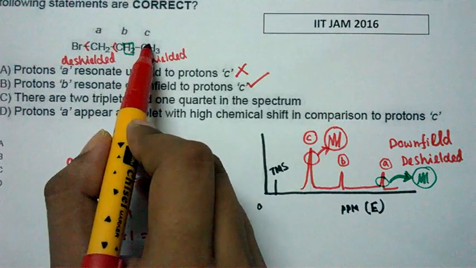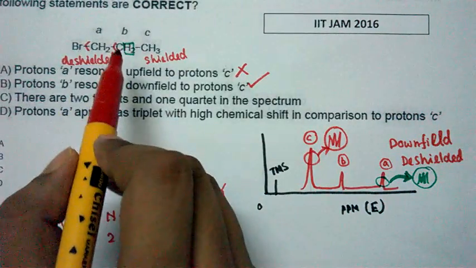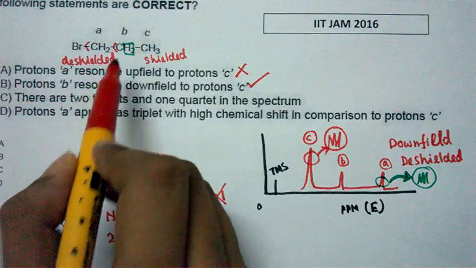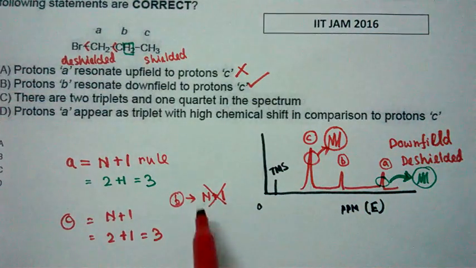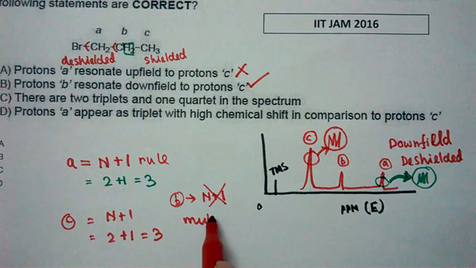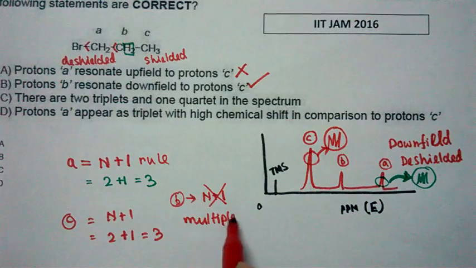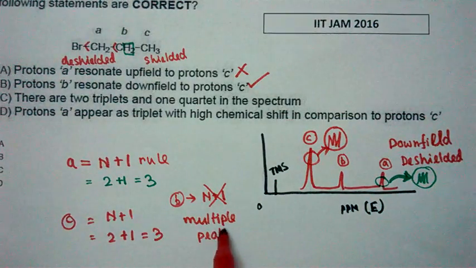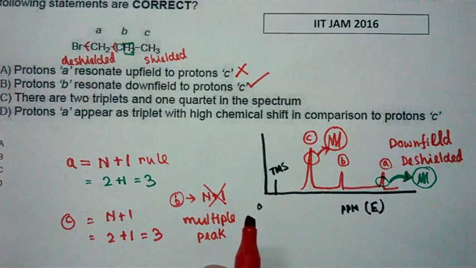C hydrogens are neighbors of B and A hydrogens are neighbors of B. So you can't use this type of N+1 rule. But what you can say is that when this kind of scenario occurs, you have a multiplet peak. Multiplet means more than 6, I think.